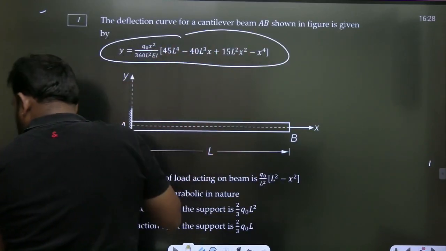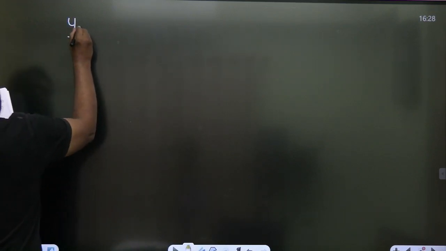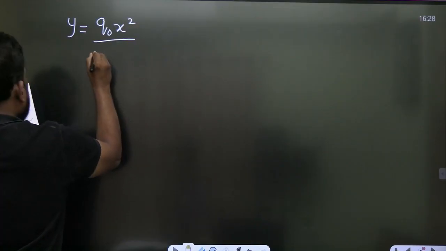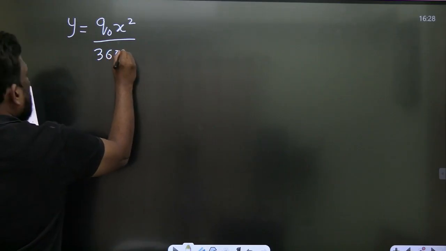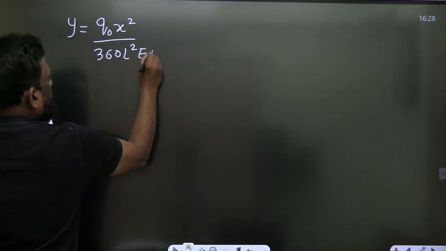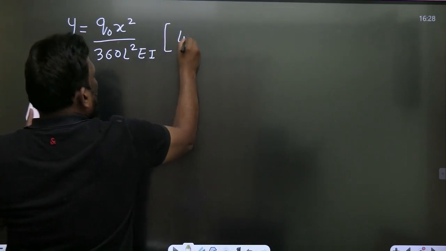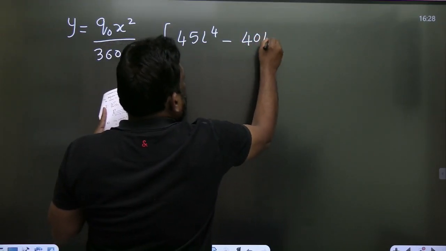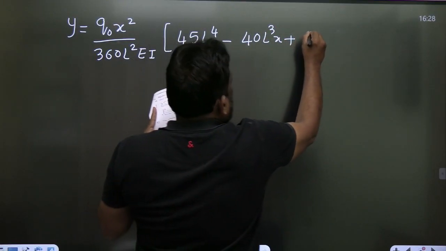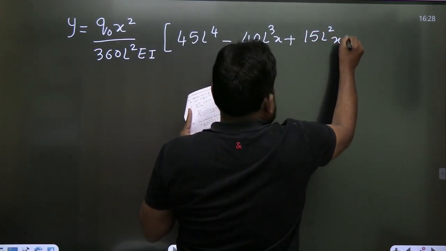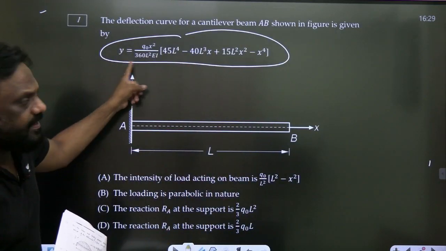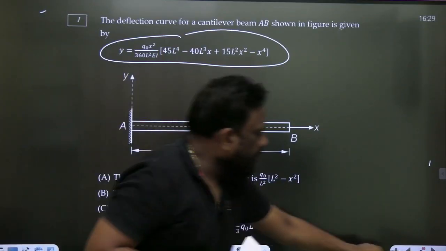So the equation is y is equal to q0 x square by 360 L square EI, into 45 L power 4 minus 40 L cube x plus 15 L square x square minus x power 4. This is the equation given. The same equation which is given here, I'm writing on the next slide.